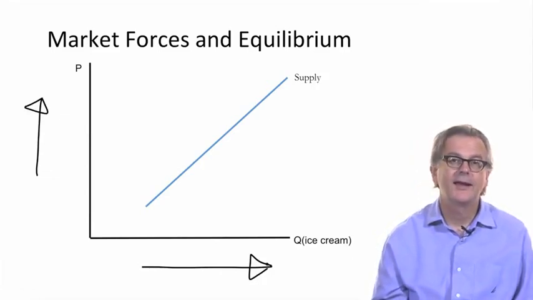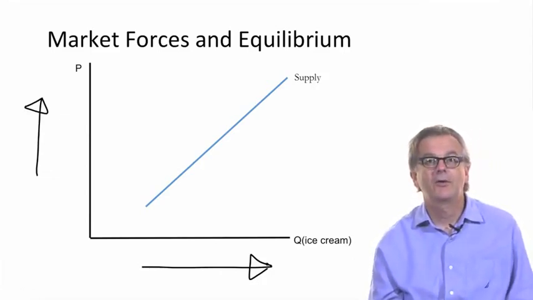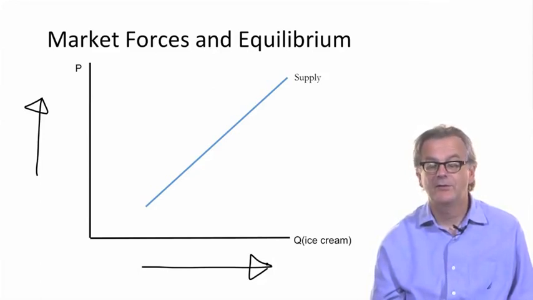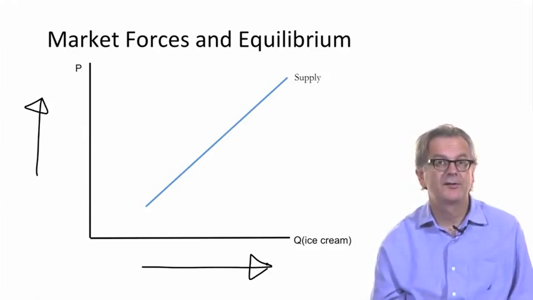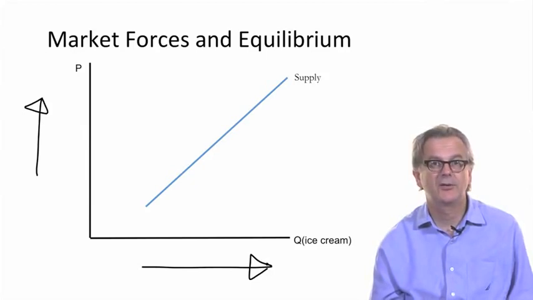Again, there are quite elegant mathematical representations of firms' decision making, out of which emerge this positive relationship between price and quantity. And if this was a course in microeconomics, we might go through those.